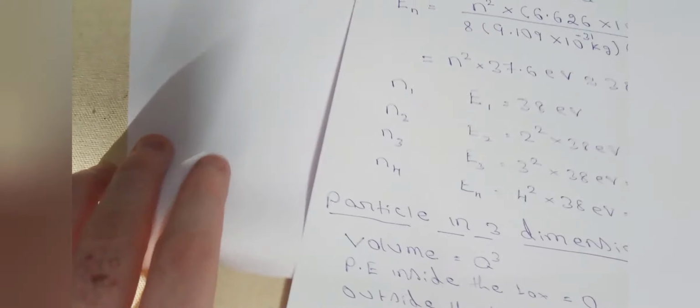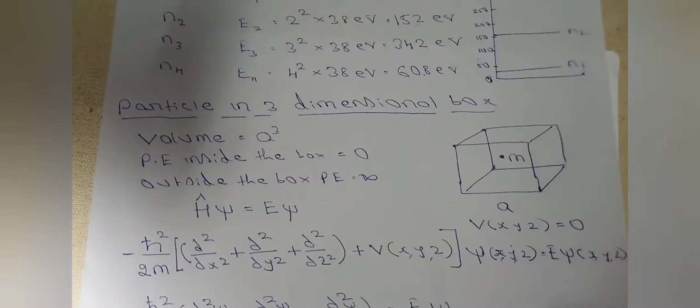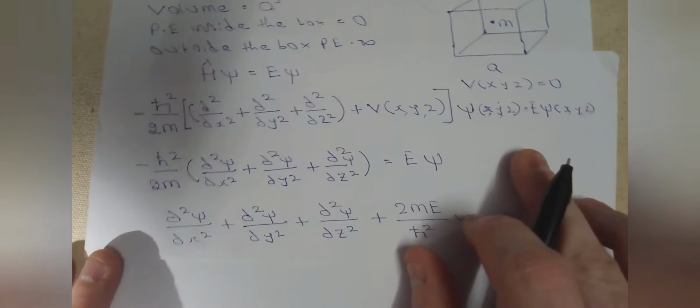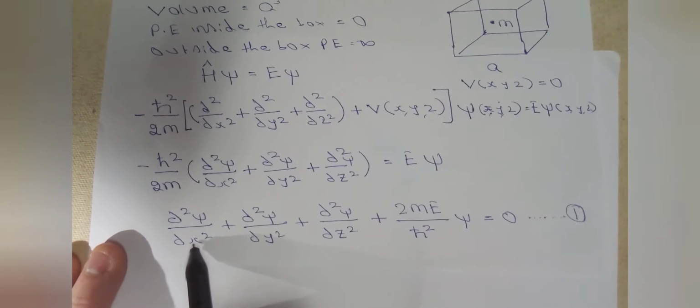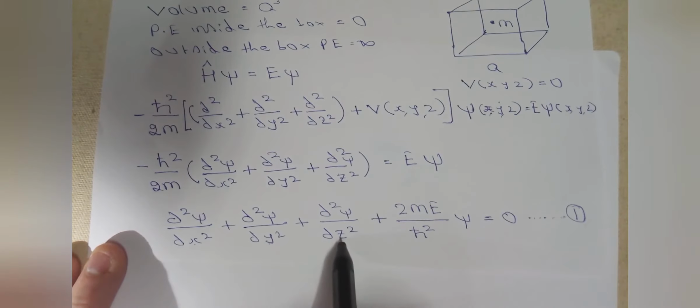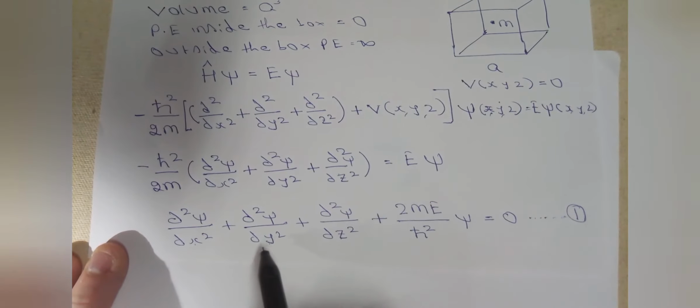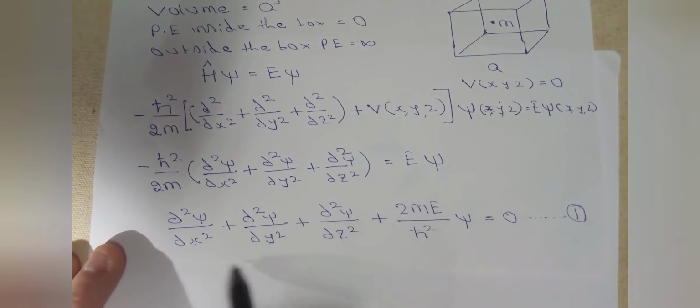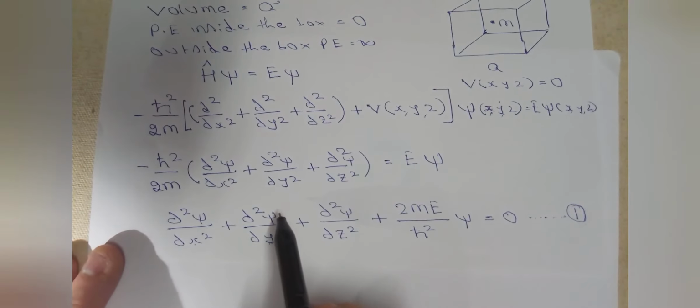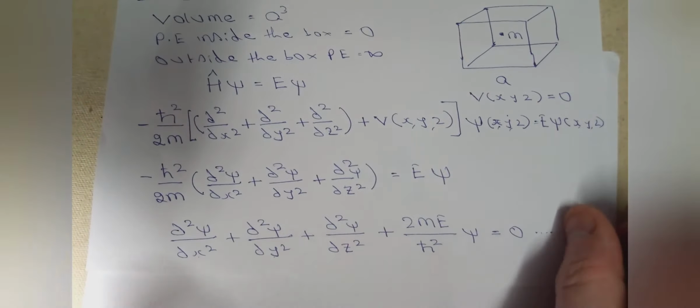Now next, in this equation you can observe there are three variables: x, y and z. In mathematics we can solve such an equation by using a method called separation of variables.